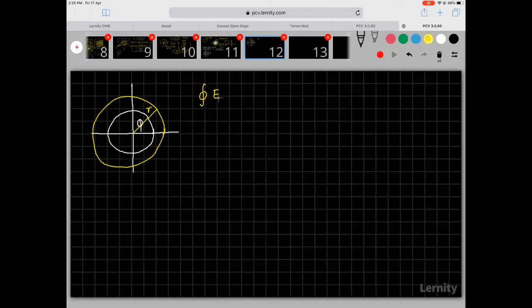Here Q was capital Q by epsilon naught. A sphere I have drawn, so E is constant. So E into 4 pi r squared is equal to Q by epsilon naught.